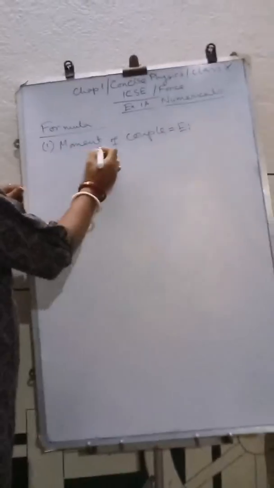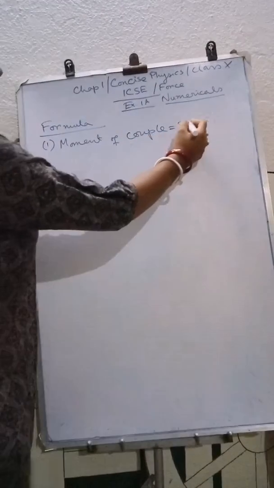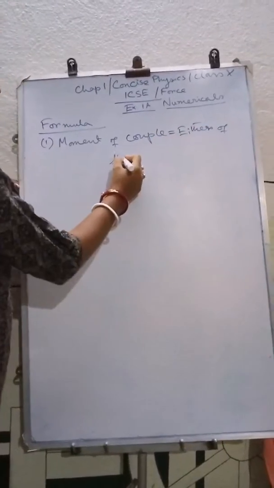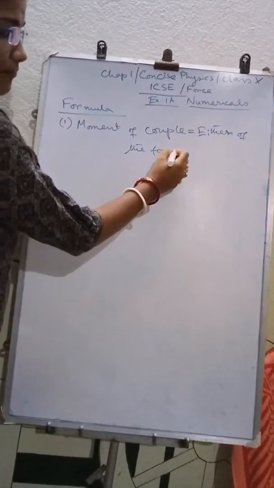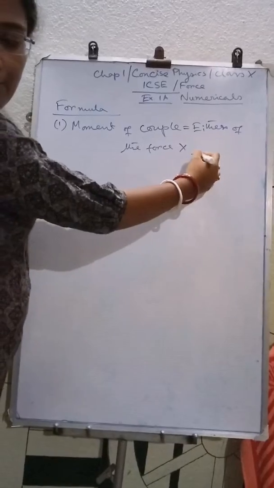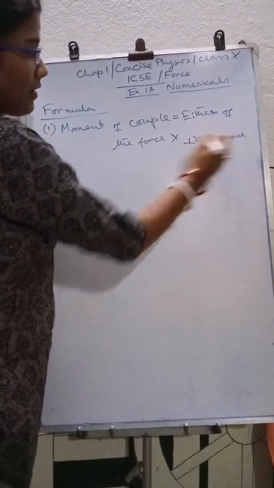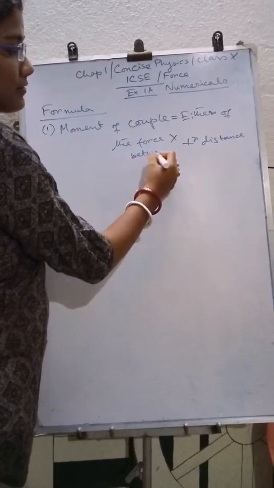Number 1 formula is moment of couple, that is equal to either of the force multiplied by perpendicular distance between the forces.